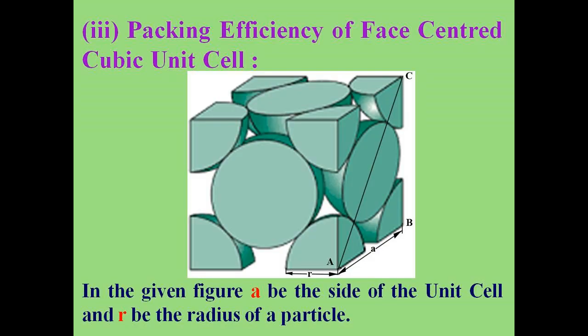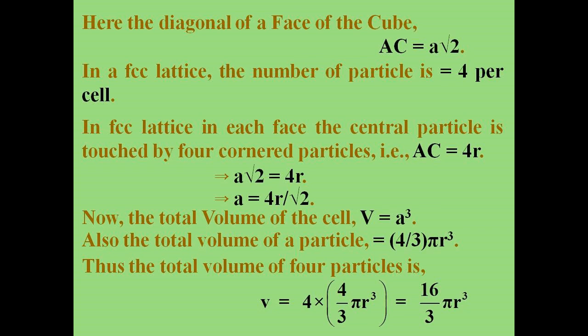Now we have to calculate the packing efficiency as well as void per cell for FCC lattice. In the given figure, the side of the cube is considered as a and the radius of a particle is considered as r. Here the diagonal of a face of the cube, AC, equals a root 2.